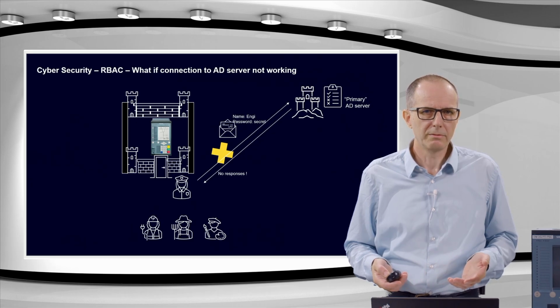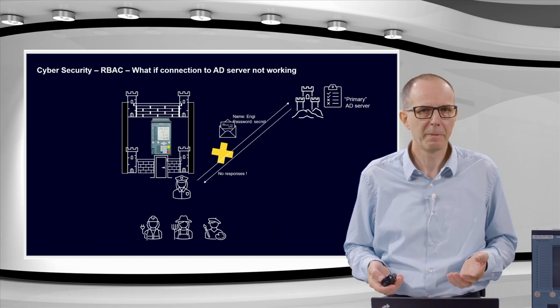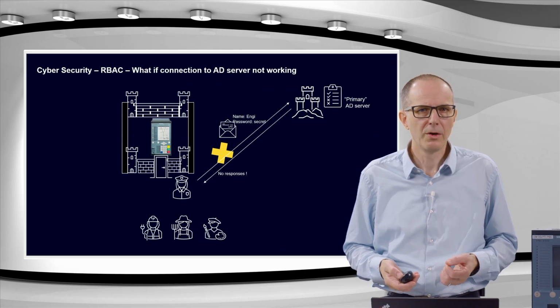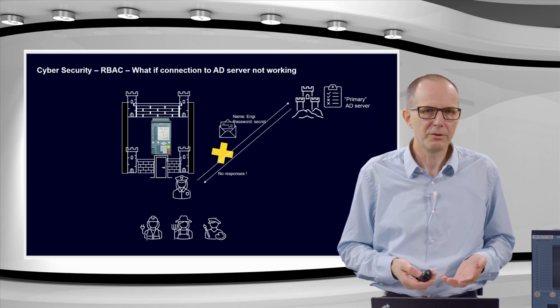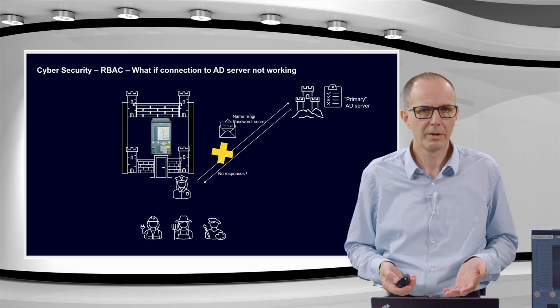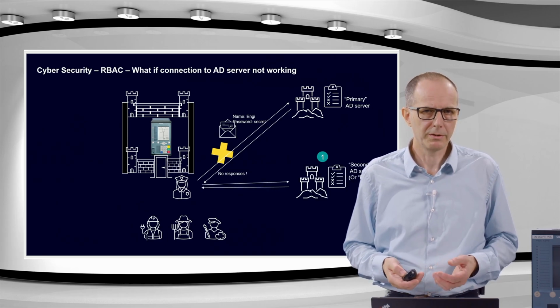Access control, also remember a main principle of OT: availability is much more important. What if the connection to the Active Directory server is not working? First, you have the possibility to define a second Active Directory server.